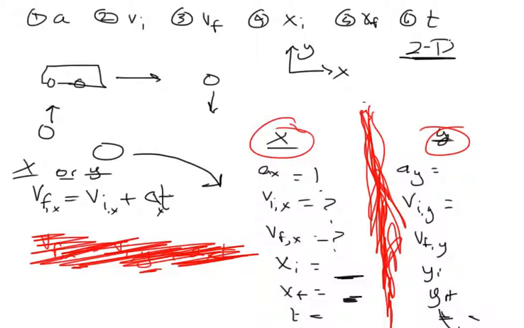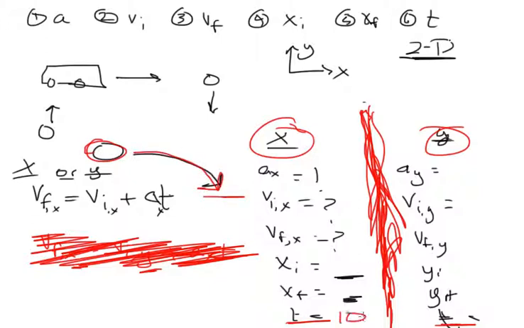Oh, and actually before we do that, you might wonder, what about time, right? Is time an x quantity or is it a y quantity? And again, time is just time. So really, you don't have to write time twice because time is neither x nor y. It's time. But I just write it. So let's say it took 10 seconds for the object to go from here all the way down in x and y.